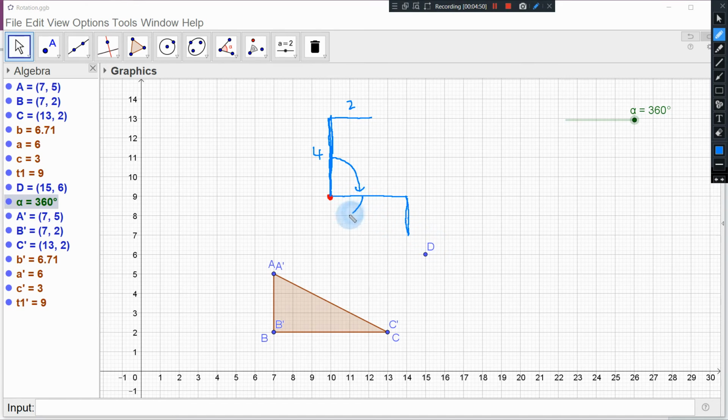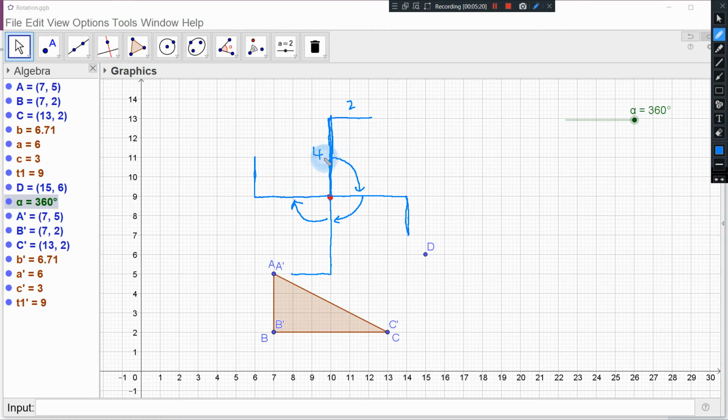If you rotate it another 90 degrees, so the total will be 180 degrees: 1, 2, 3, 4, 1, 2. Then if we rotate it another 90 degrees, so the total will be 270: 1, 2, 3, 4. Go up or go down? Go up. So 1, 2.